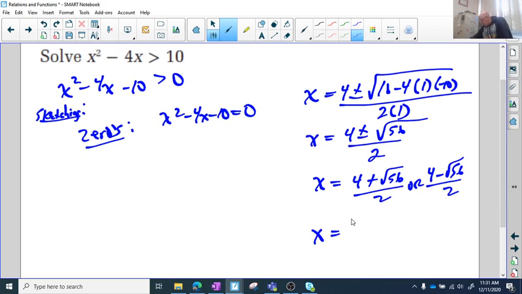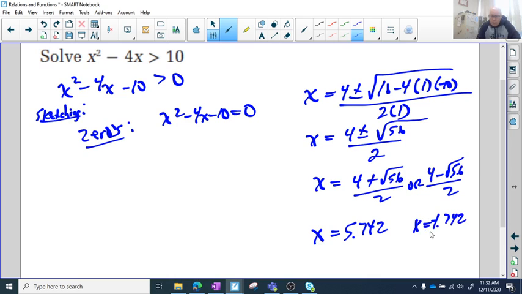Let's grab a calculator. So I'd have 4 plus square root 56, and then divide that by 2, 5.742. 4 subtract square root of 56, divide that by 2, I get negative 1.742.